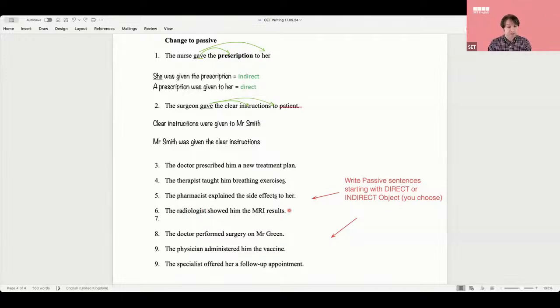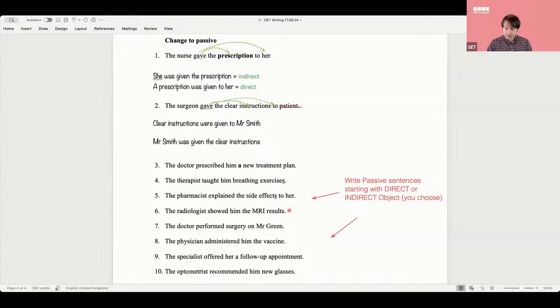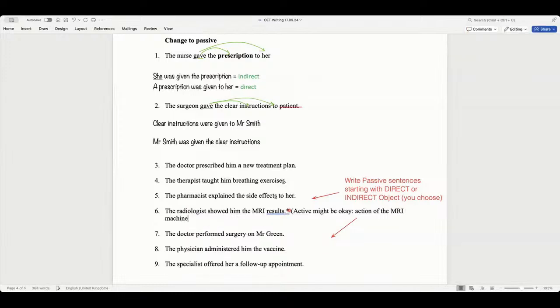But yeah, you might be able to say that. All right, we'll talk about that in a minute. Active is possible here because it's the object, right? The active might be okay because of the action of the MRI machine. Yeah, exactly right. So you could say the MRI showed.